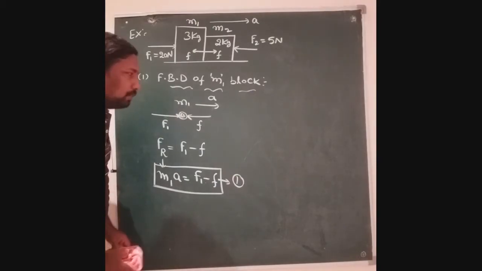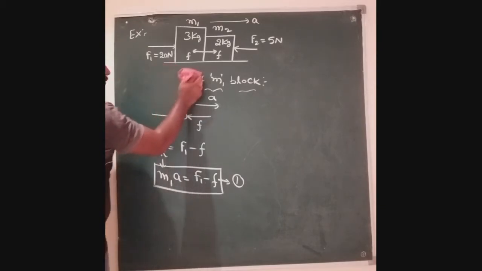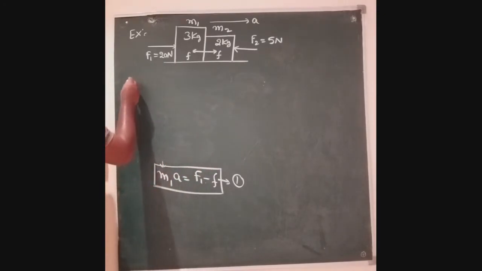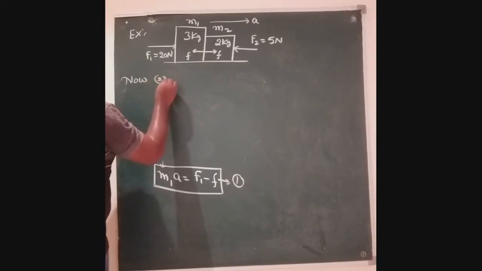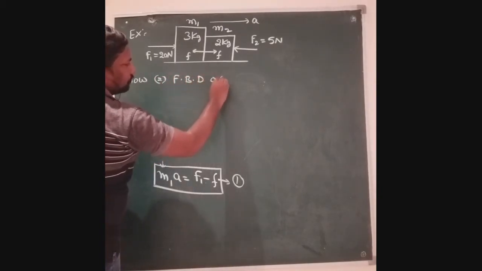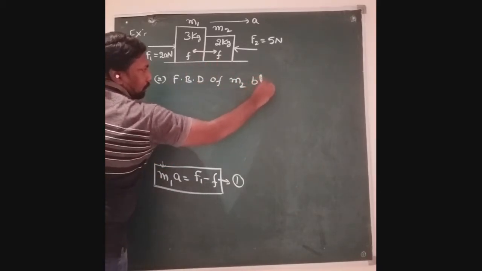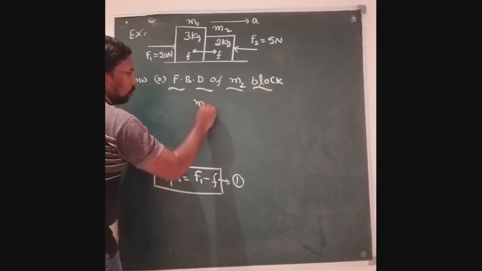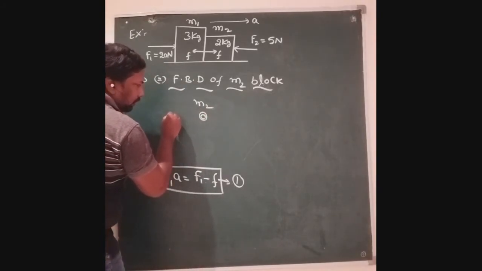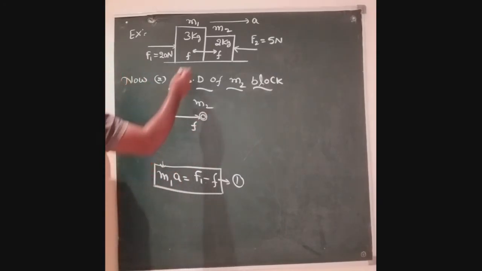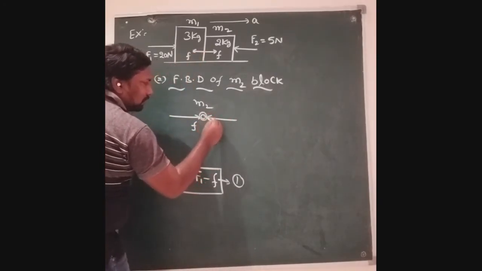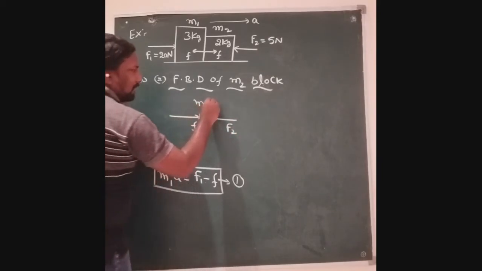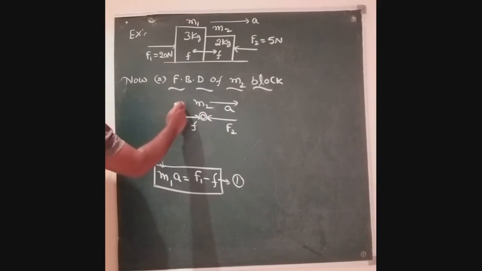Now free body diagram of the M2 block. Here the contact force small f is acting on the M2 block in this direction, and force F2 is acting on the M2 block in the right to left direction, but the acceleration of the M2 block is left to right.